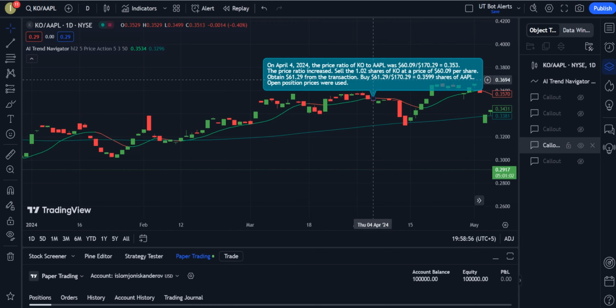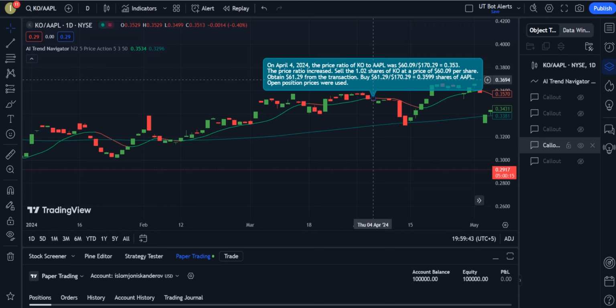One thing to note here, which I forgot to mention, is that when we're trading the price ratio of pairs of stocks, and we choose the lower price stock divided by the higher price stock, which in this case is Coca Cola as the lower price stock and Apple as the higher price stock, when the price ratio of the lower price stock to higher price stock increases, we would switch to the higher price stock.